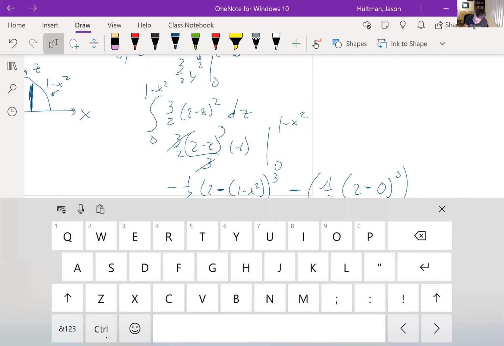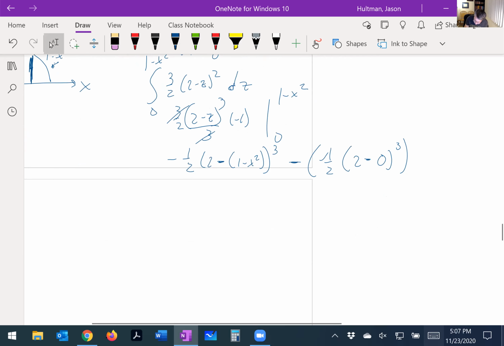So this thing is going to be 2 minus 1, so this is 1 plus x squared cubed. Negative 1/2 plus, this is going to be 8. So 8 divided by 2 is 4, plus 4.